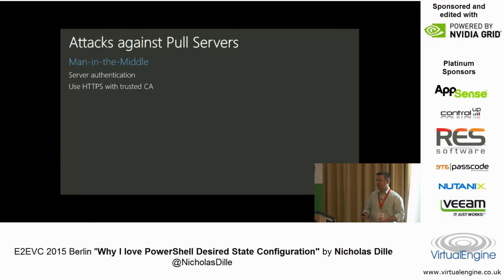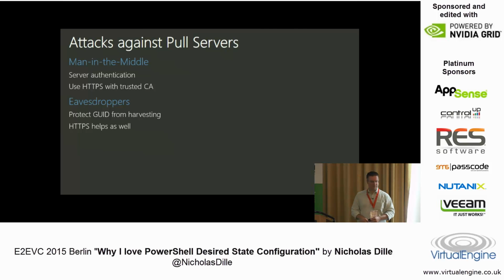So first, important thing, if you're using an IIS-based pull server, use HTTPS with a trusted CA. Second thing, you want to protect yourself against eavesdropping, someone who just tries to pull your configuration from the wire. Again, HTTPS is your friend.